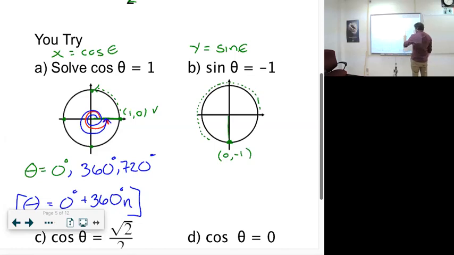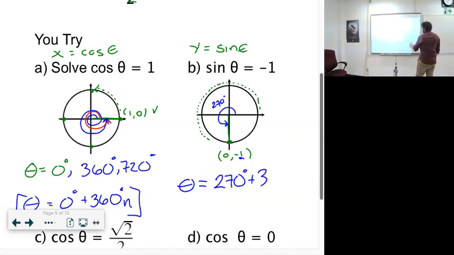This angle right here is a 270 degree angle, and every full rotation from that 270 degree angle will bring us back to another y-coordinate of -1. So we can summarize and say theta is equal to 270 degrees plus 360 degrees times n.